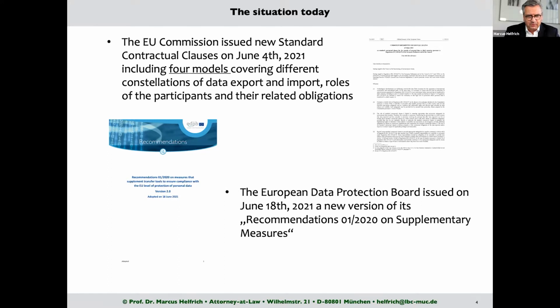And now the EDPB did directly refer to the Schrems decision, and therefore these recommendations are, I think, from the practical point of view, the most important paper this year. So I'll get back to that later on.